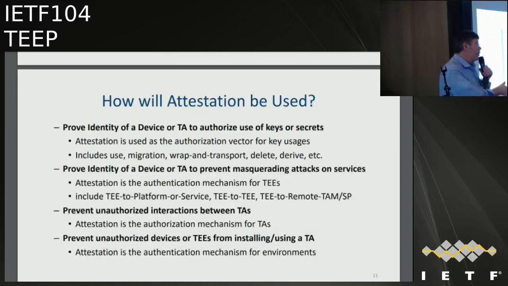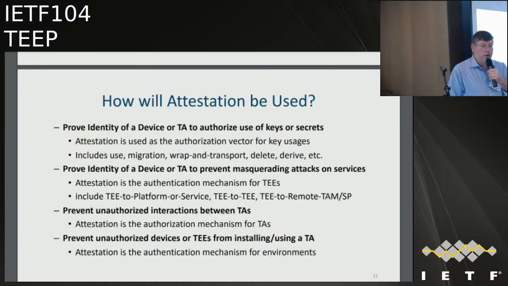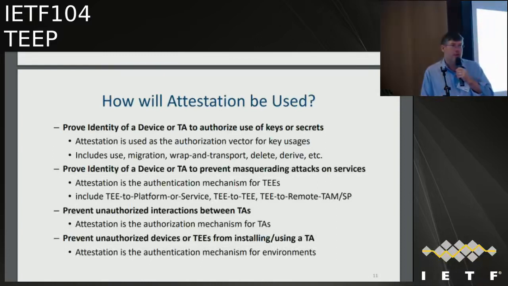It can be used for TA to TA to prove identity there to prevent unauthorized interactions between TAs. It can be used to prevent unauthorized devices from installing a TA into a TEE that the TAM or the service provider doesn't approve of. These are just some examples. I think they're helpful to think through.